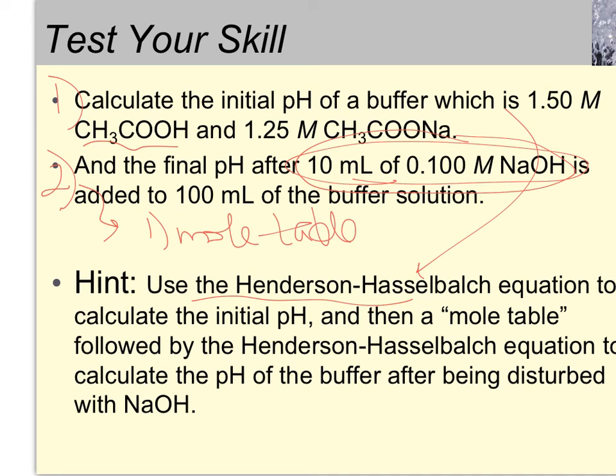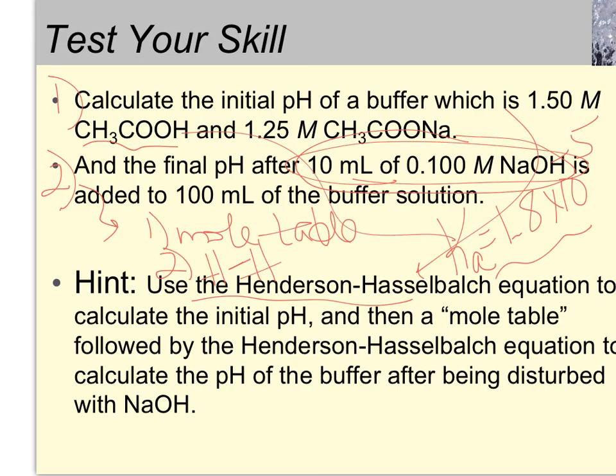And then after you get the mole table, then you're going to use Henderson-Hasselbalch again. So go back and look at the sample I just did if you want. See how you do on your own. Since it's acetic acid, you should remember the Ka, or you can go back and get it. It's 1.8 times 10 to the minus 5 is the Ka value for acetic acid.